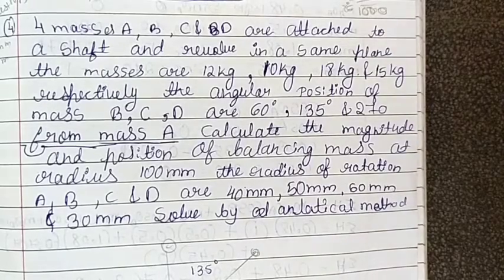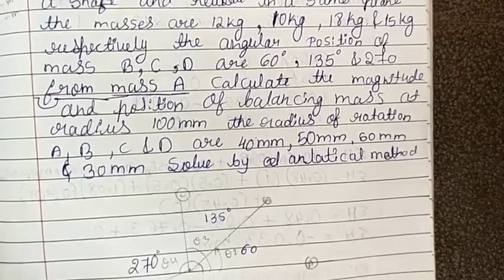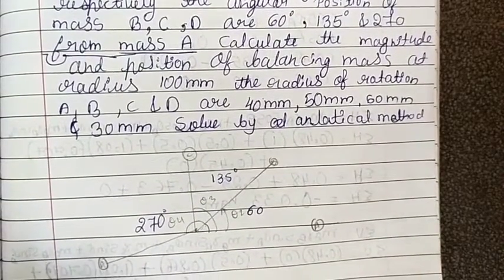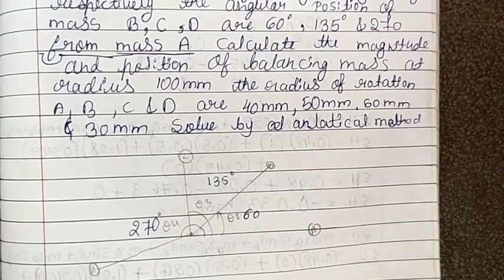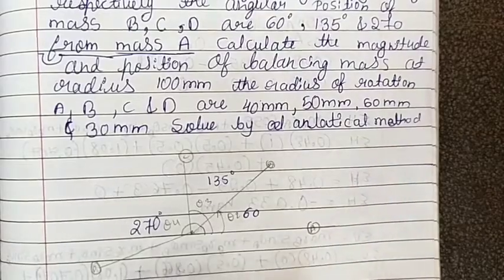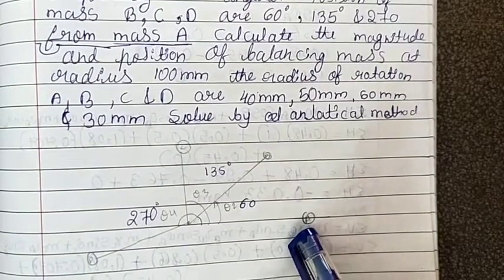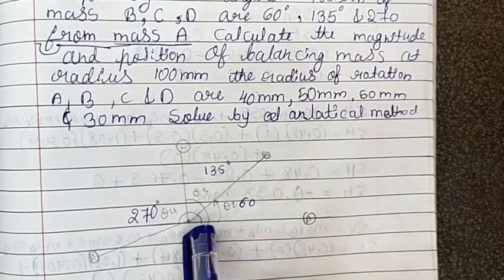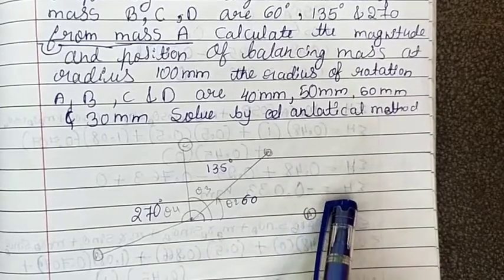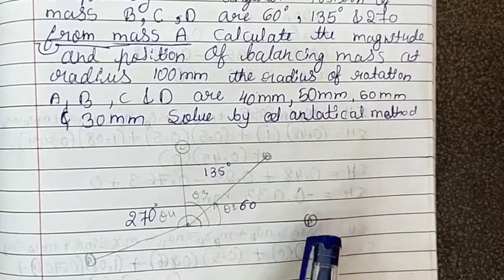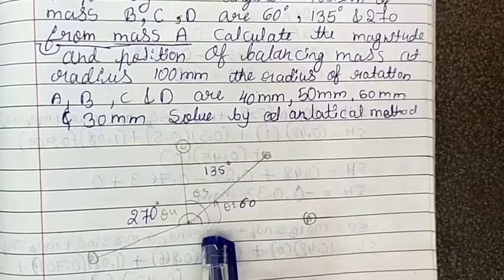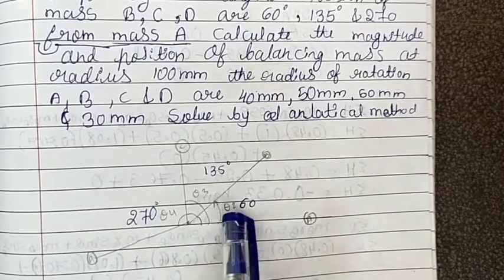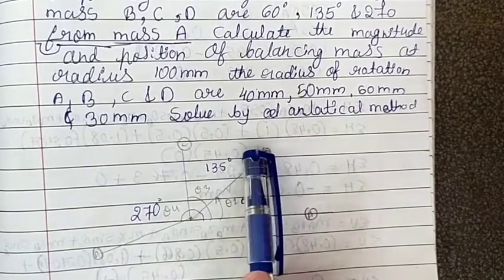Okay, so we'll first draw the mass diagram when they are revolving in the same plane. So this will be MA, which is at 0 degree. Always the first mass will be at 0 degree. The next angle is given from MA, which is 60 degree, so that is MB.